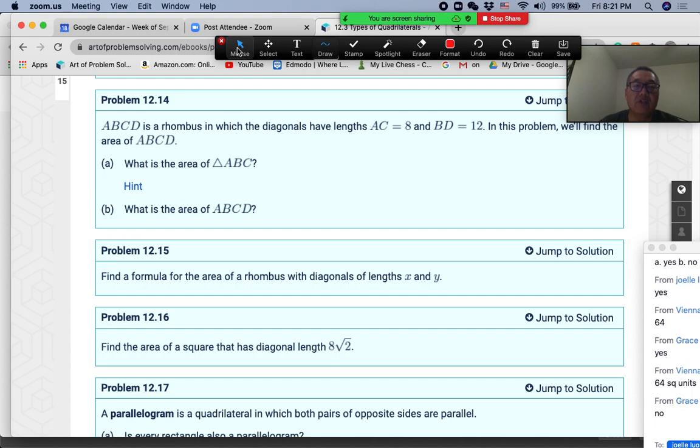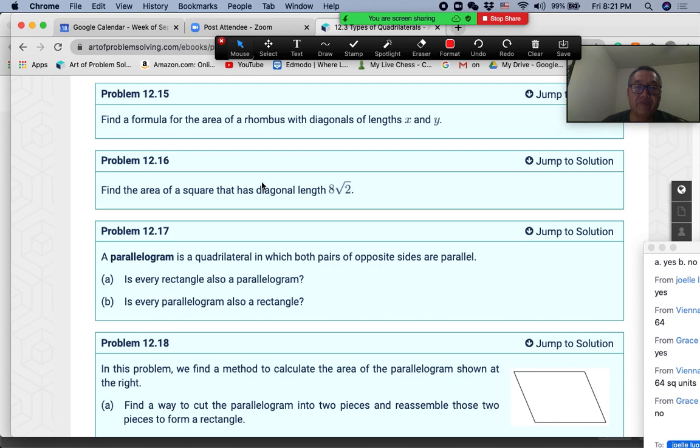So now let's go to problem 12.15. Find a formula for the area of a rhombus with diagonals of length x and y. Actually we already got this, x times y over 2. This one gives you the area of a rhombus. Now let's see 16.